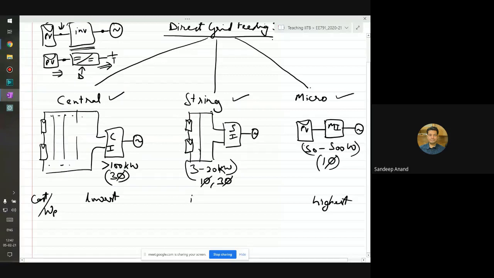Generally this gap is small, it is there but still small, and this gap is even more. Therefore, you might still find one or two relatively bigger installations using string inverters, but you would find hardly any big installation using microinverters.